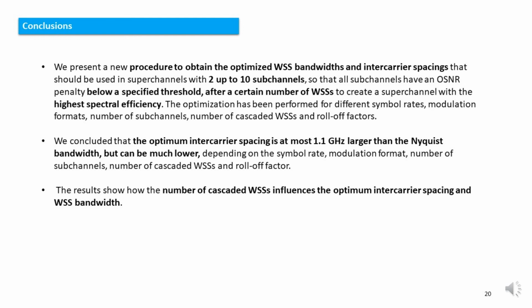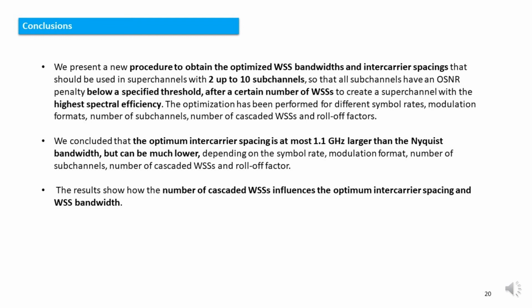From the tables, we can see that optimum intercarrier spacing is at most 1.1 GHz larger than the Nyquist bandwidth, but it can be much lower, depending on the symbol rate, modulation format, number of subchannels, number of cascaded WSS, and roll-off factors.